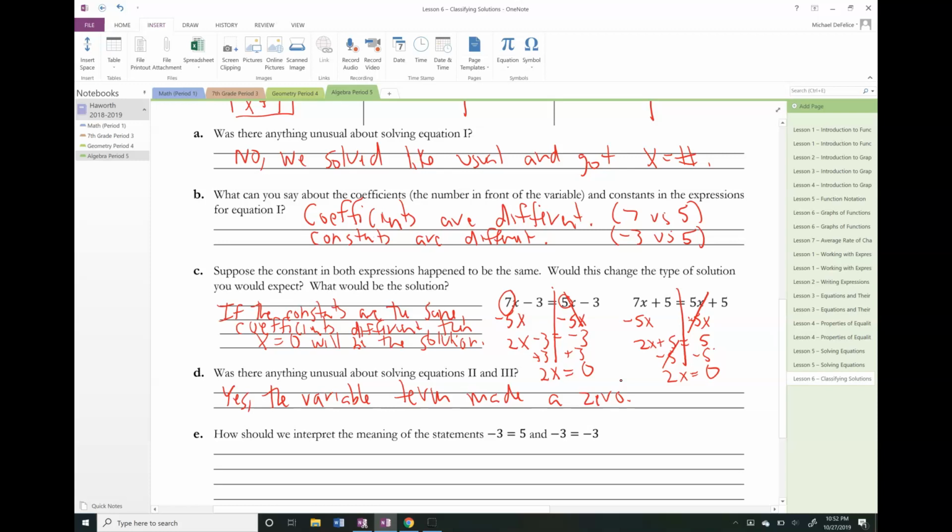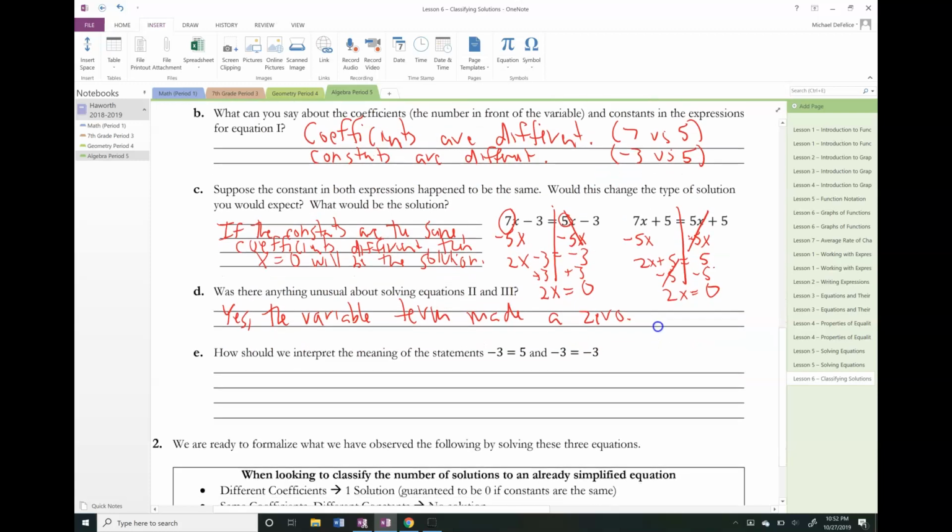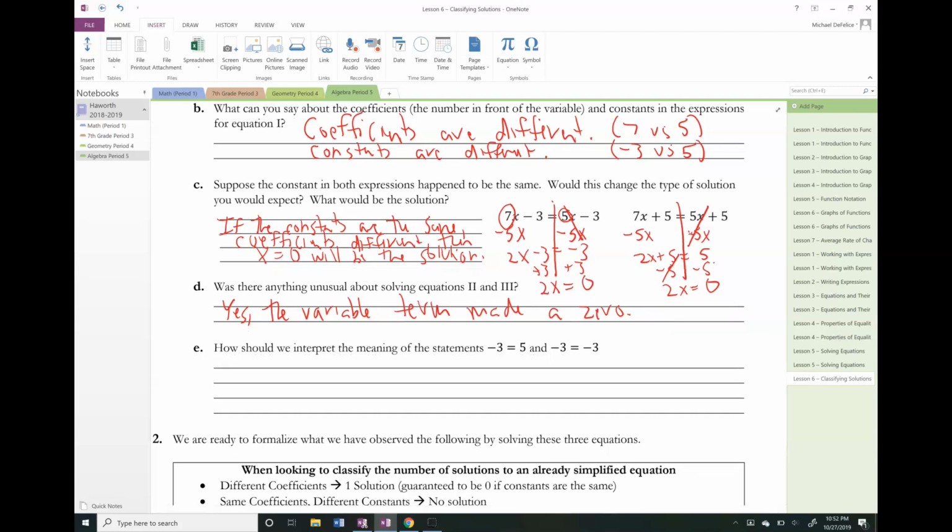So how do we interpret this? How should we interpret negative 3 equals 5? And how should we interpret negative 3 equals negative 3? In the case of the false number sentence, that means there is no solution. All that means is no matter what number you pick for x, the left-hand side expression will never be the same as the right-hand expression.